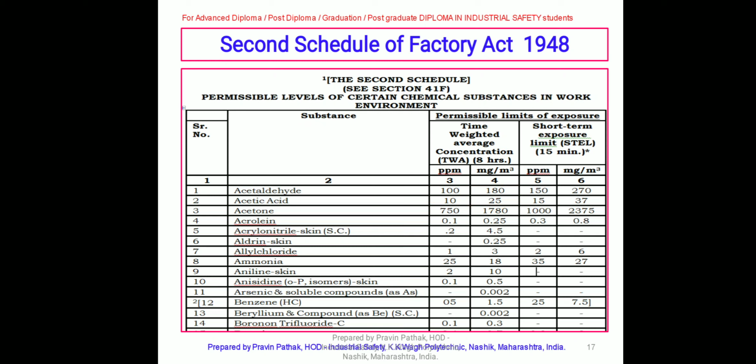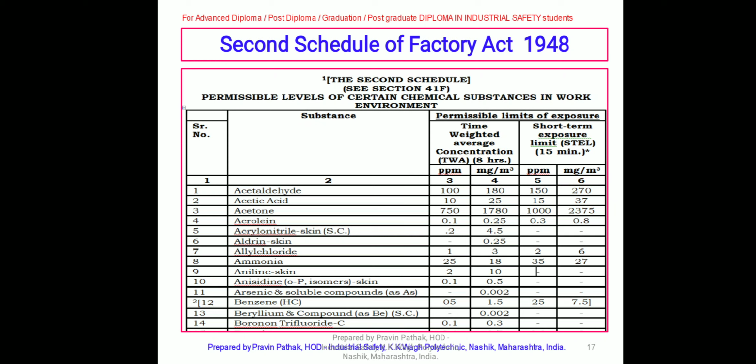In case the working environment is the same, acetaldehyde is the substance, and only 15-minute exposure is there, then it is called short term exposure limit, the STEL value. So for the 15 minutes the STEL value is different for the same substance. Now it is 150 ppm instead of 100 and 270 mg per meter cube instead of 180. So for the 15 minutes STEL value, the ppm and mg per meter cube values are different for different substances.